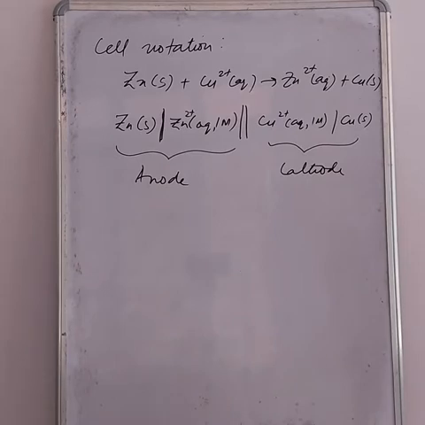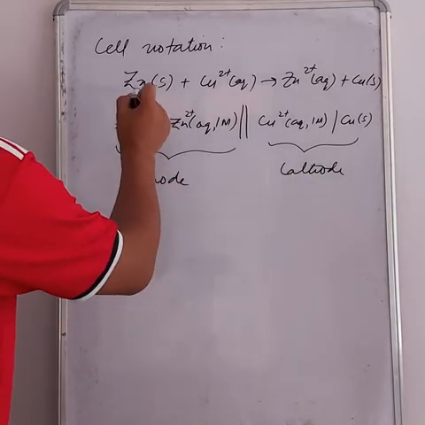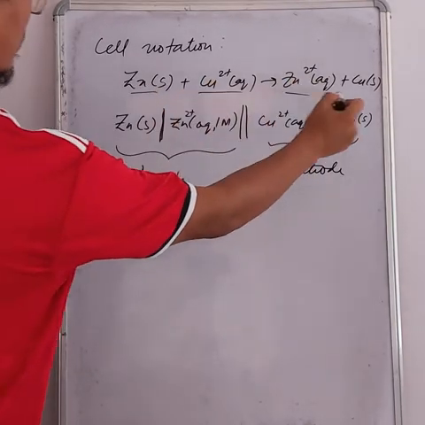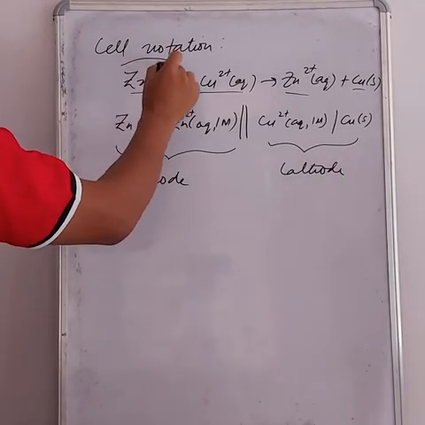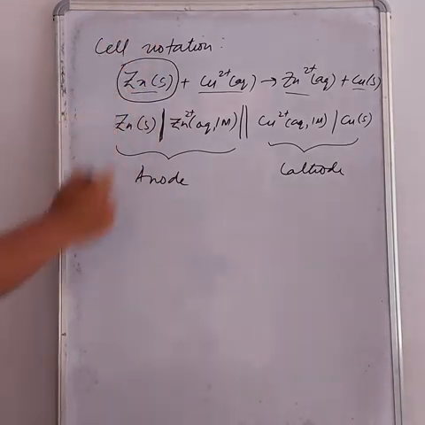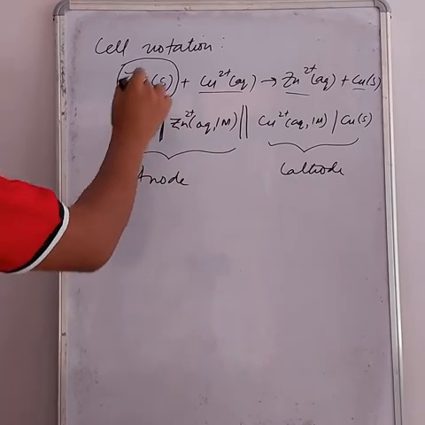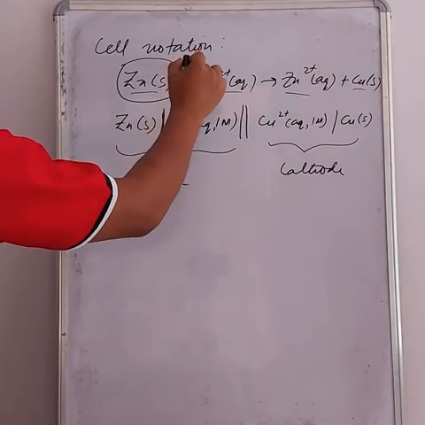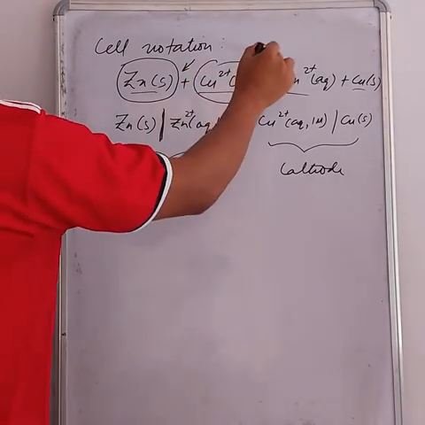Suppose here we have both the anode and the cathode reactions. But suppose you want to know the potential of only one electrode. How do you do it? We need to find out the cell potential of individual electrodes.